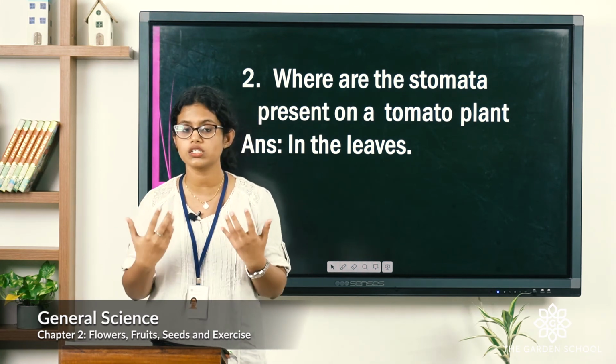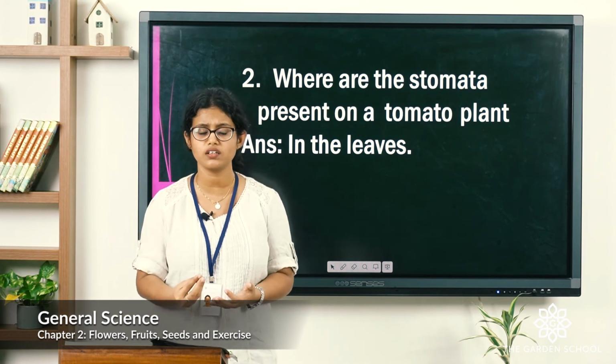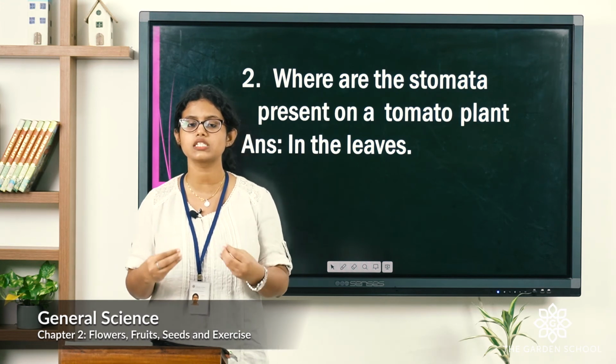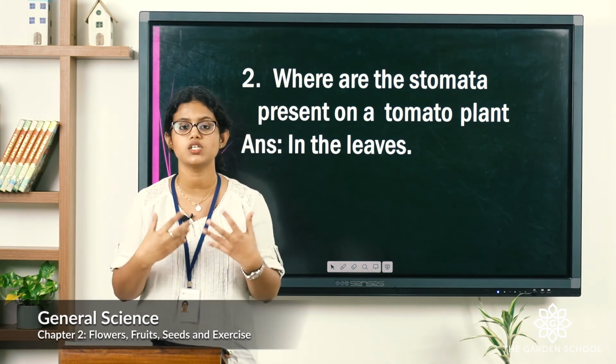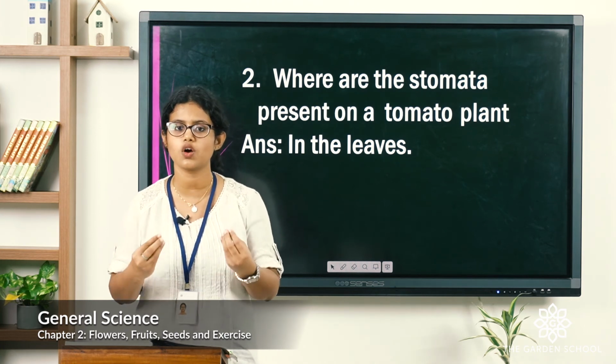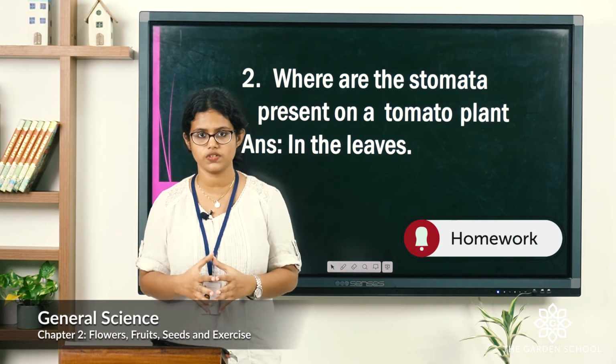So is it right to pluck the leaves and flowers? No, we should not pluck the leaves or flowers of a plant because it loses its beauty. So you should not pluck the leaves or flowers of a plant.